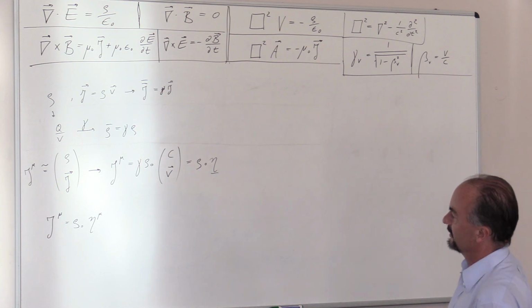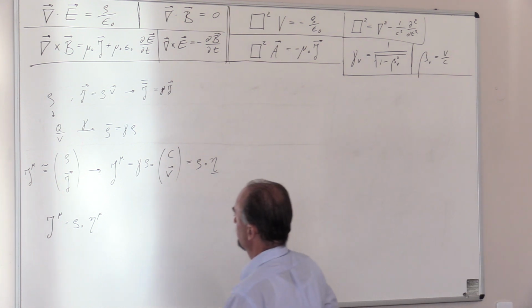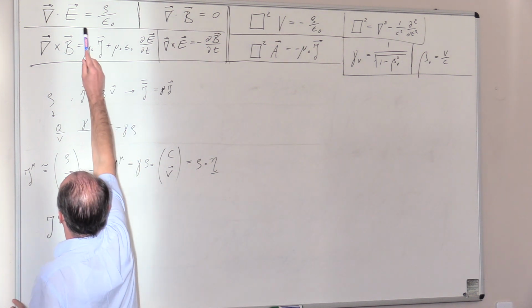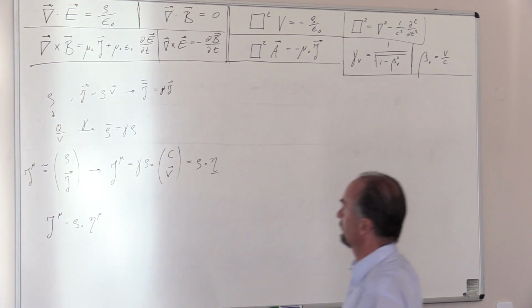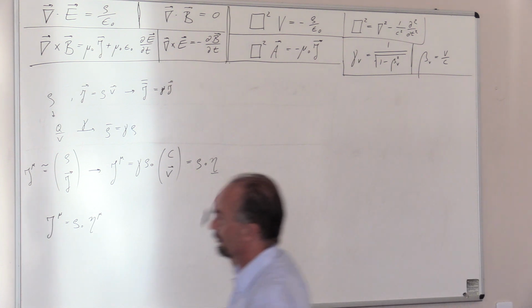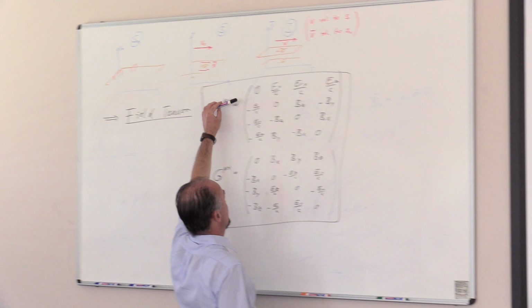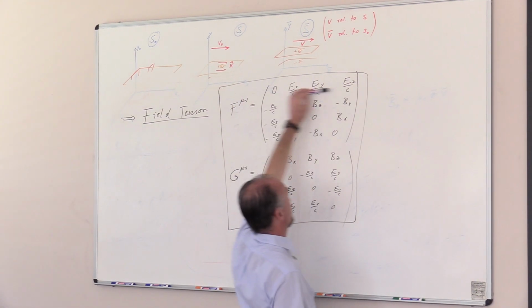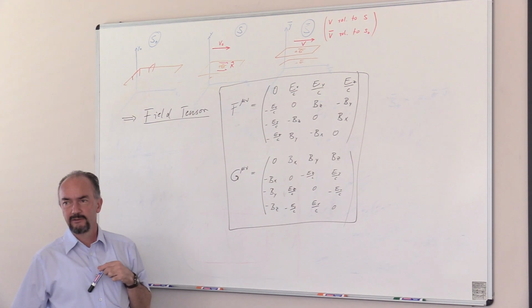Alright, now let's see how that connects. Look for example at divergence E equals rho over epsilon naught. Divergence E is essentially the divergence of the first row of the field tensor.